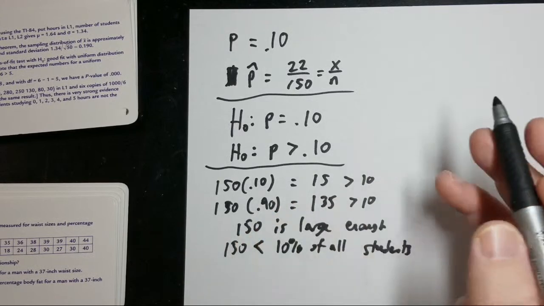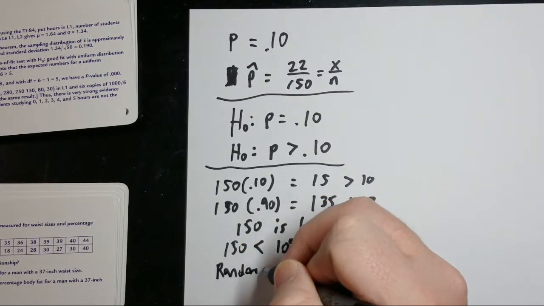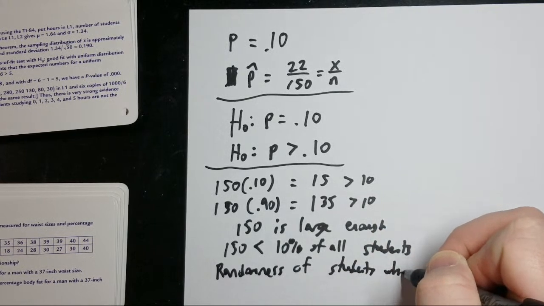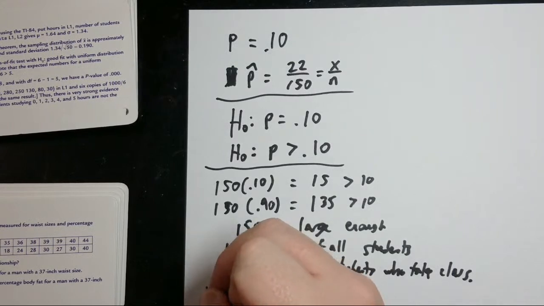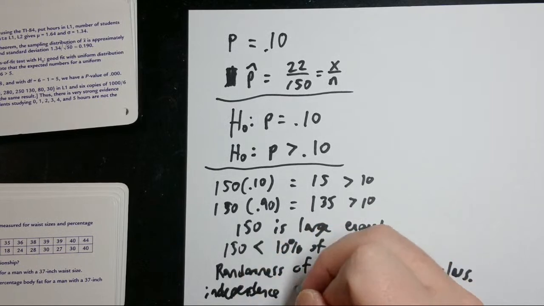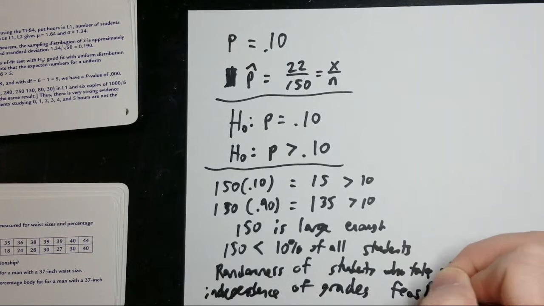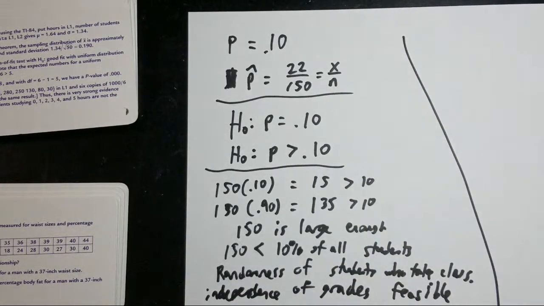I guess you could say randomness could be inferred based on randomness of students who take the class, but more importantly, independence of grades is feasible, meaning you getting an A doesn't affect another person getting an A, or vice versa, or whatever grade you end up wanting to get. But we want to run a one prop z-test.